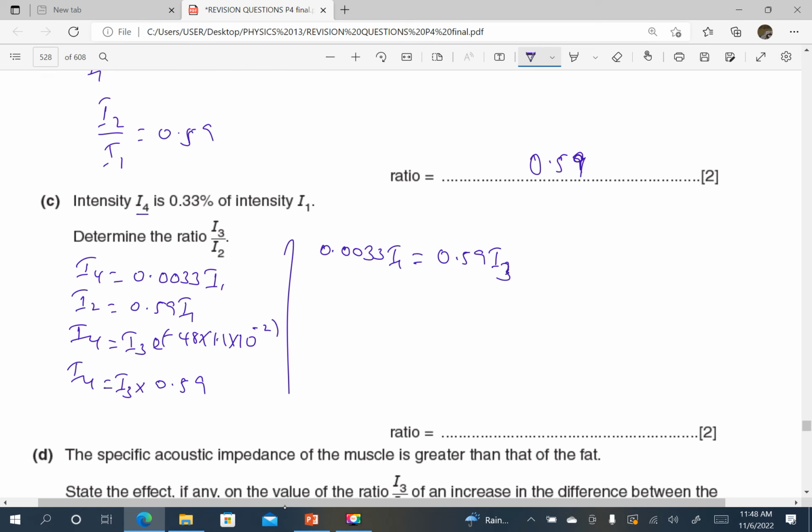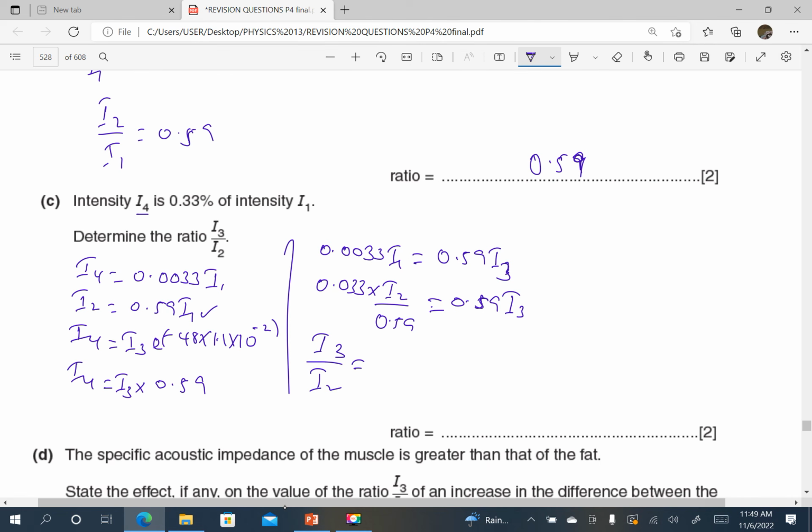So I must remove I1 here. Note that I1 from this equation is I2 over 0.59. So this will be 0.033 times I2 over 0.59 should be equal to 0.59 times I3. So I want to make I3 the subject over I2.